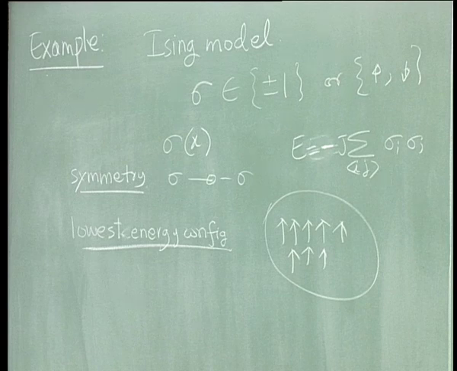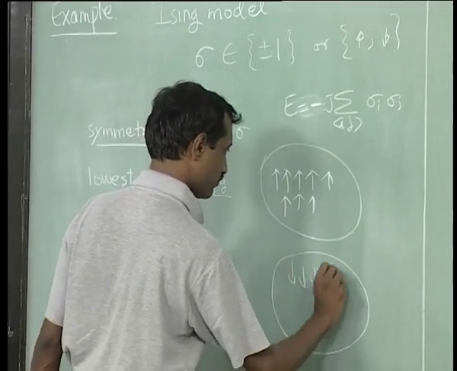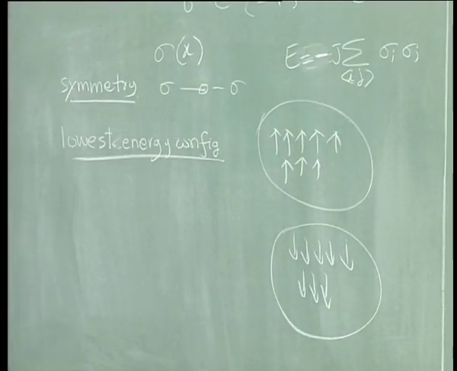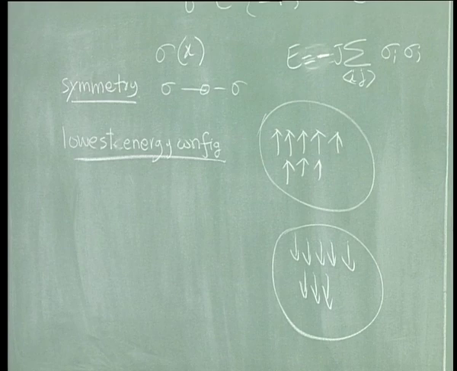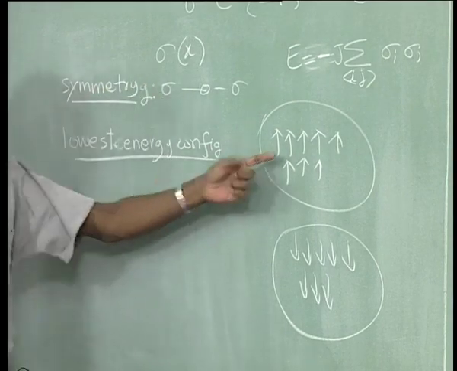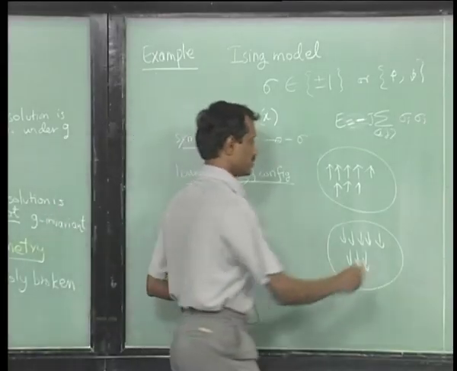You can always flip all the signs and you get something similar to this. So that is a degeneracy, and let us call this flip G. You can see that the action of G takes you from one ground state to another ground state.